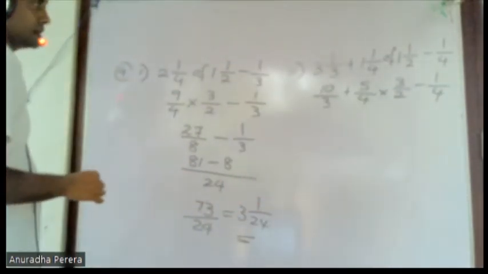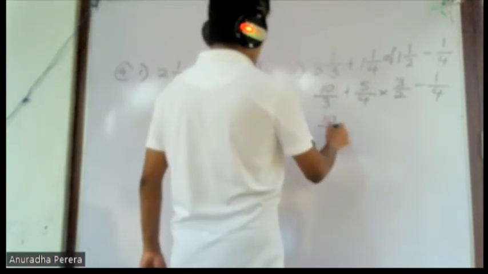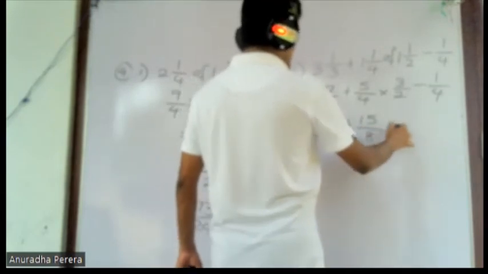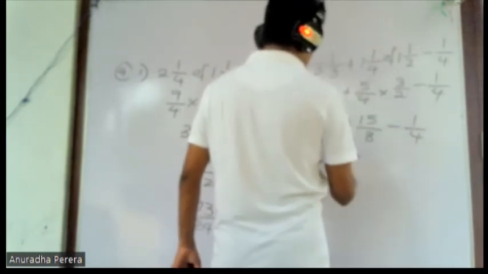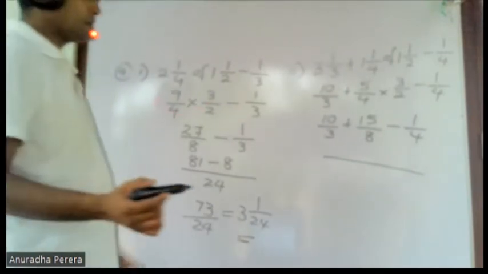No common factors. 10 over 3, 15 over 8, minus 1 over 4. What is the common denominator? 24.